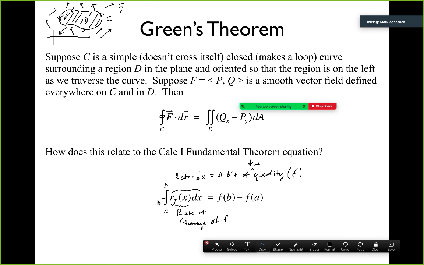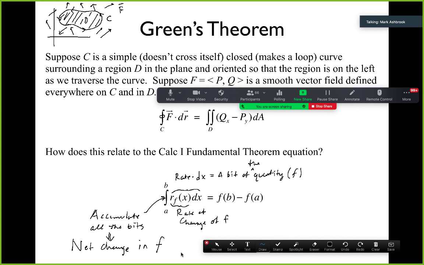And then the integral means what? Accumulate all these little bits from a to b. And so that gives you what? It gives you a net change of the quantity, or a net change in the function f.